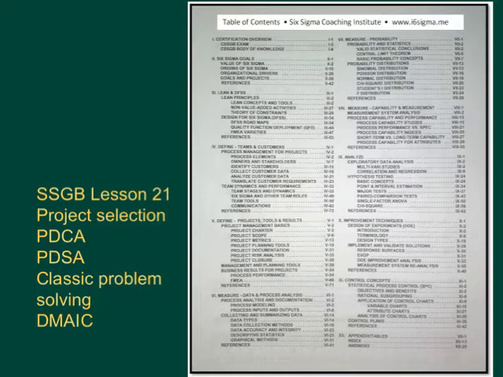If you look at the table of contents, we have covered the organizational drivers, and today we'll be talking about goals and projects. Under goals and projects, we'll be talking about project selection methodology, the PDCA cycle, and the PDSA cycle, which was invented by Dr. Deming, while PDCA was invented by the Japanese.